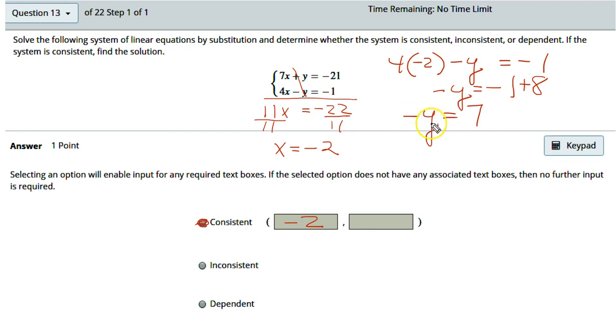But I don't want a negative y. So I'm going to divide this side by a negative 1, divide this side by a negative 1, and I get then y equals a negative 7. So those are my solutions. And it is consistent. If you put these into the system, they will solve it. They will make true statements of it.